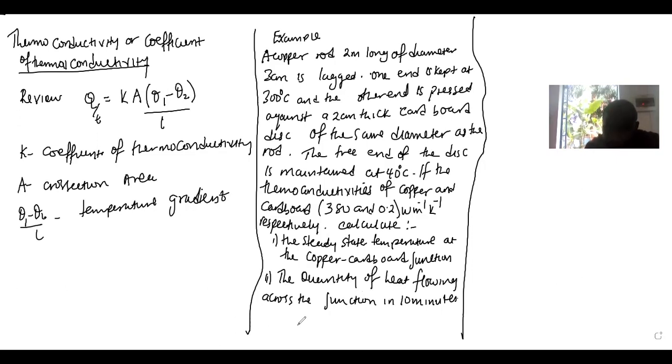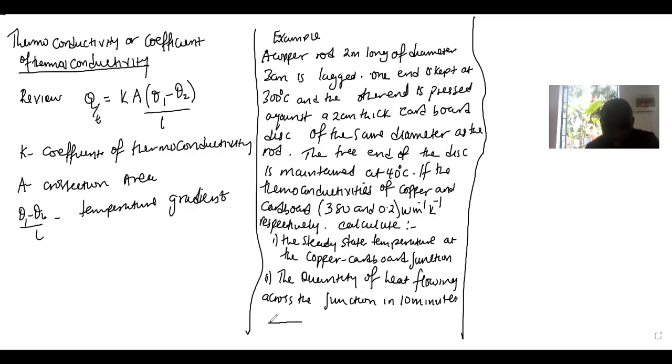So we have a copper rod of 2 meters long, of diameter 3 centimeters, that is lagged. One end is kept at 300 degrees Celsius and the other end is pressed against a 2 centimeter thick cardboard disc of the same diameter as the rod. The free end of the disc is maintained at 40 degrees Celsius. The thermal conductivities are as given; calculate the steady temperature at the junction.